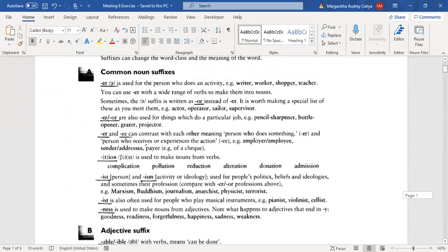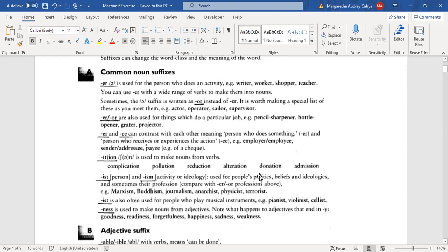And then IST is also for people in politics, belief, ideologist. Zebronism is the military, right?